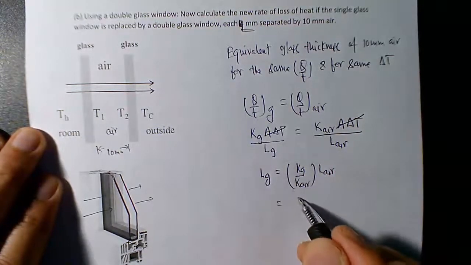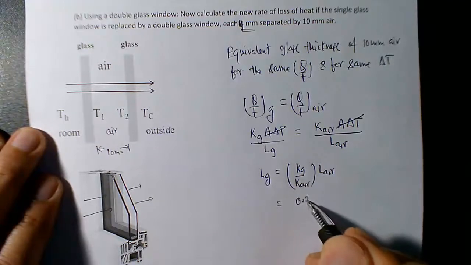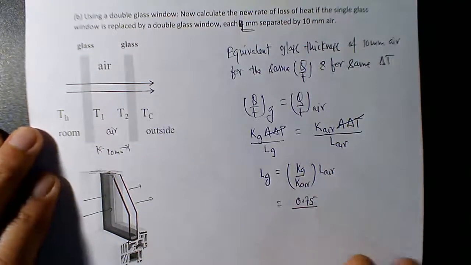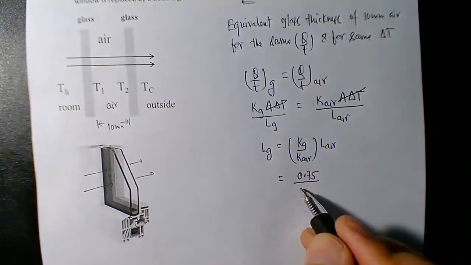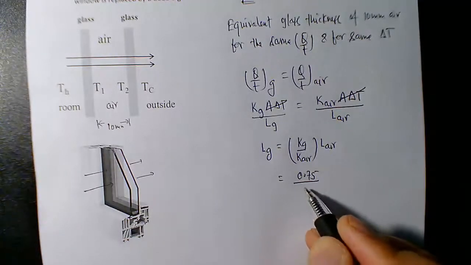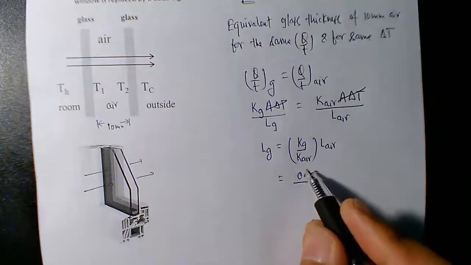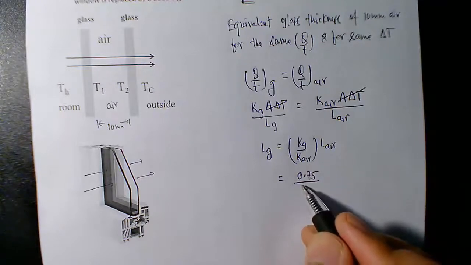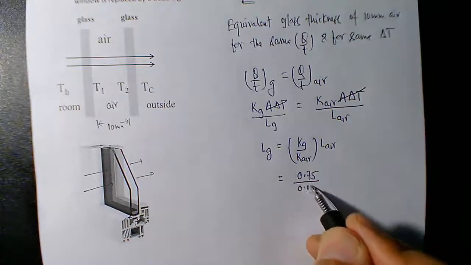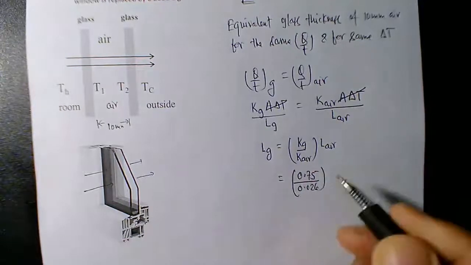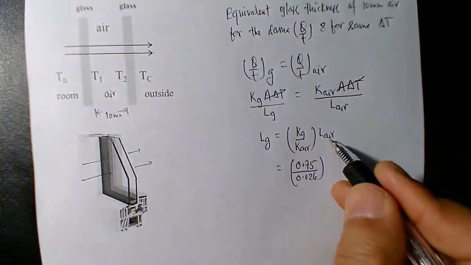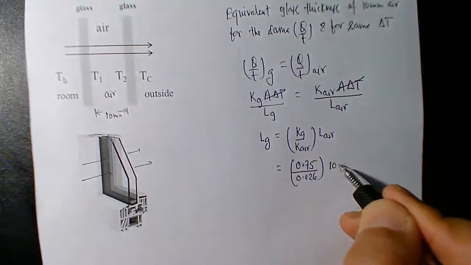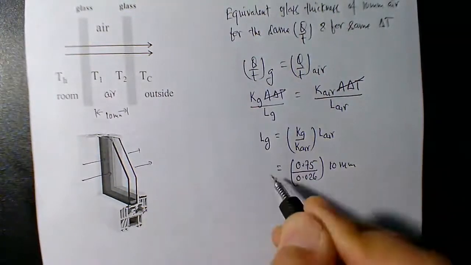So K of G, the thermal conductivity of glass, is 0.75, divided by K of air. K of air is 0.026. This is just from the physical table, and we want to convert 10 millimeter, so just keep it in millimeter.